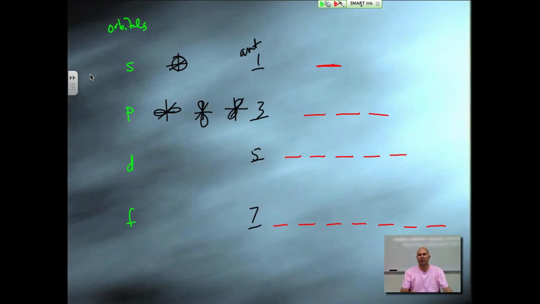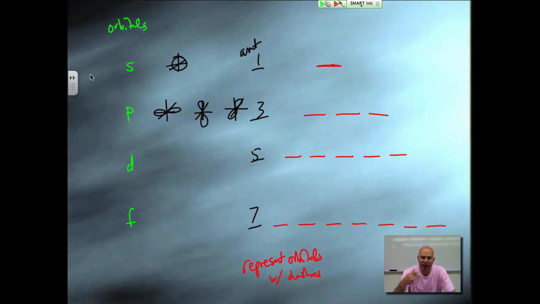So that's the representation of orbitals with dashes. You may see it with little boxes, but either way, it's just a representation.